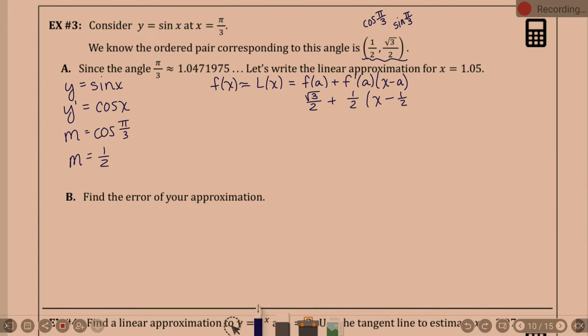I'm processing for a moment. It's 1/2 because that's a slope. And when we talk about this point being an xy point, it's also the idea of a comma f of a.